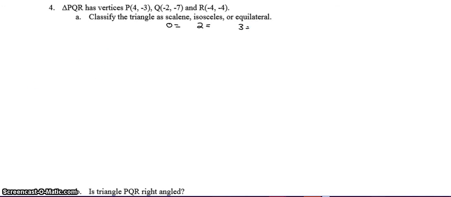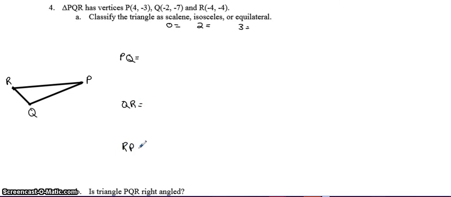So what you're going to do is find the length of all 3 sides of this triangle. This triangle would look something like this. So the 3 sides we need to find the length of are PQ, QR, and RP.